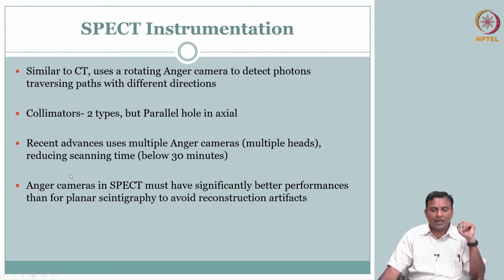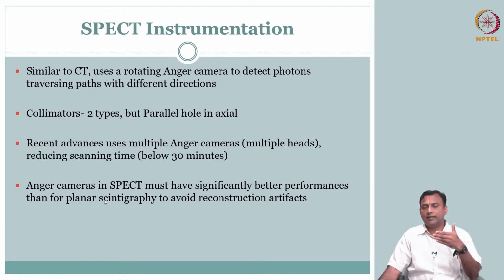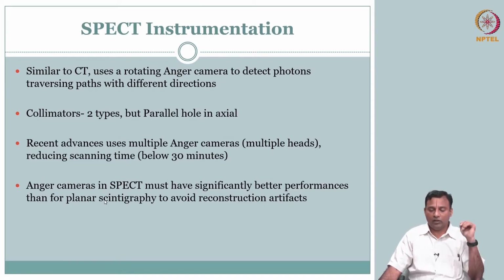So in some sense there are some minute details that have to be taken care of, but we will not worry too much about that. We will worry about the camera, collimator, all that is fine tuned, and therefore how do we get this data, what is this data, how do we get the reconstruction.